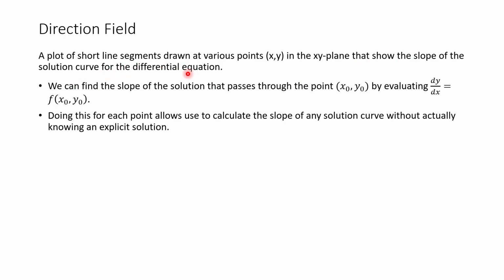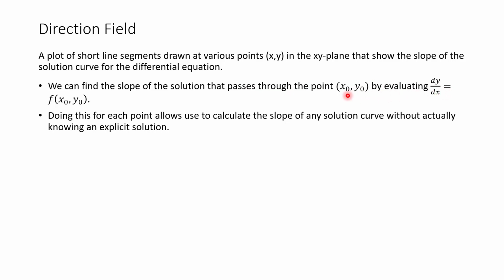So if we have a differential equation, what we're going to be looking at is the slope of the curve that satisfies that equation. We can find the slope of a solution that passes through a point by evaluating the derivative.